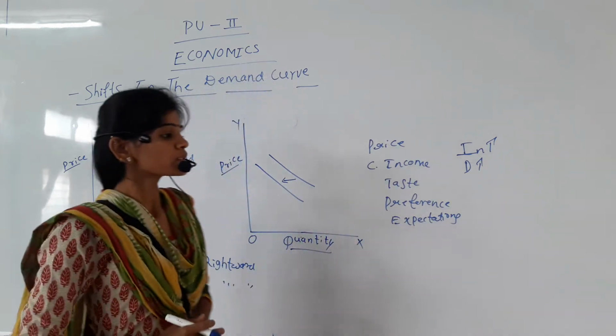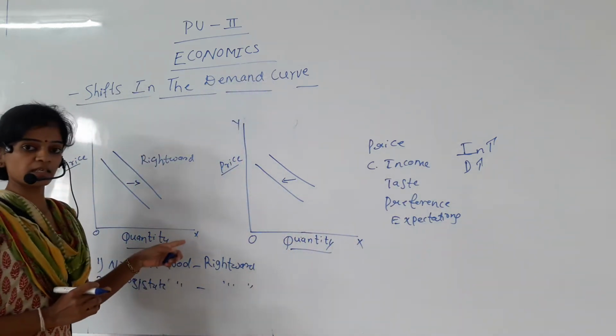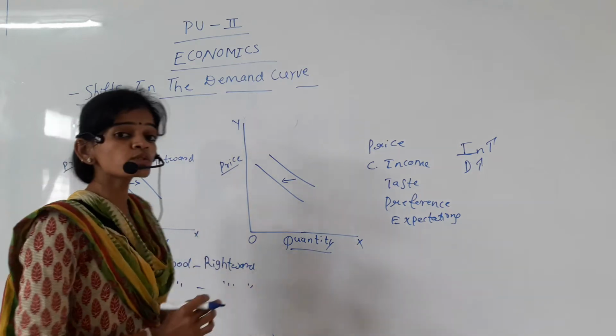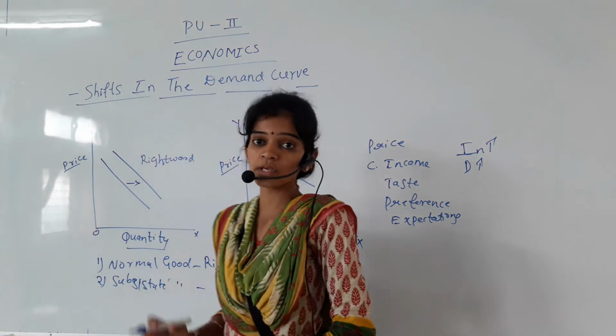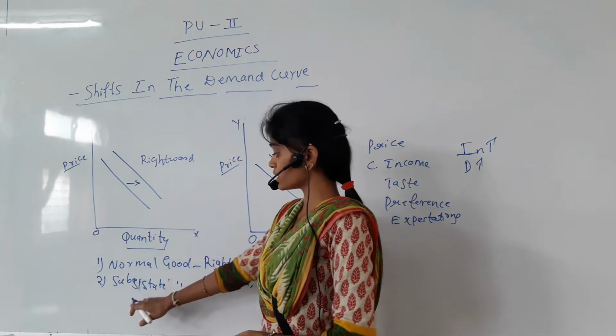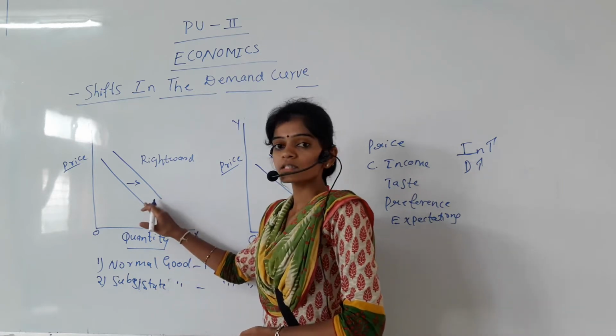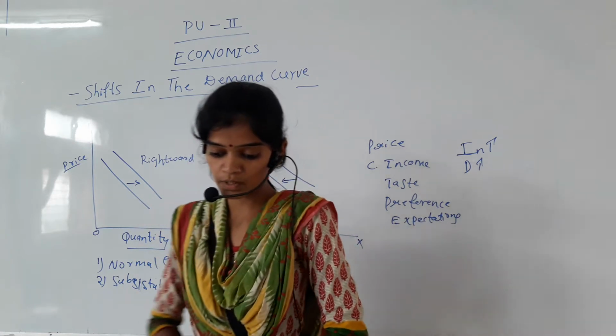If our income is increasing, then we choose the higher priced good. So the demand for the substitute goods shifts to the rightward.